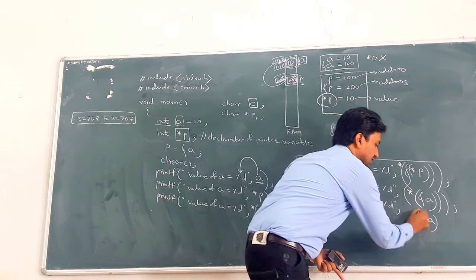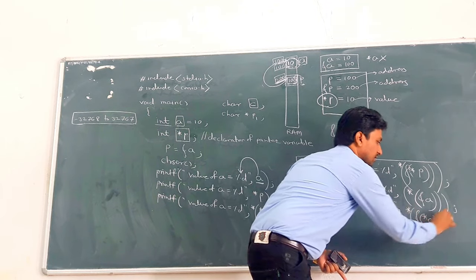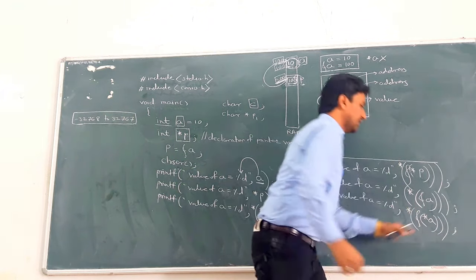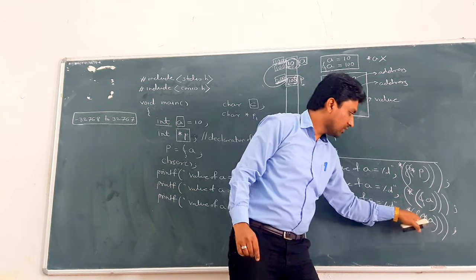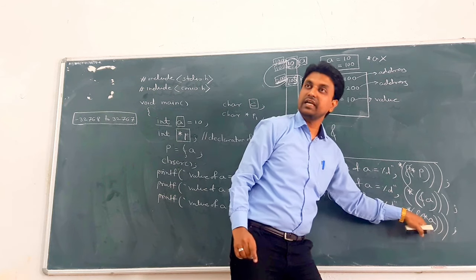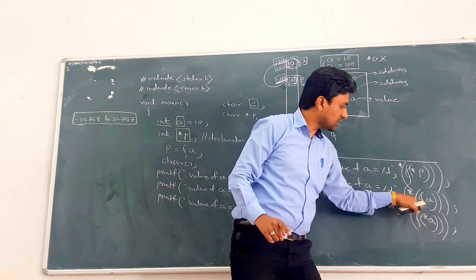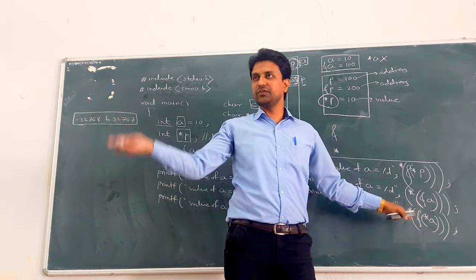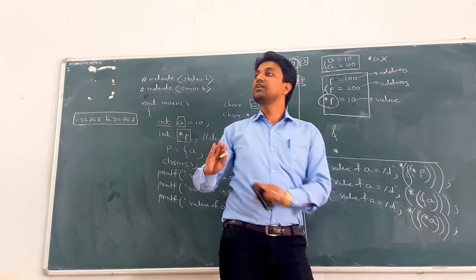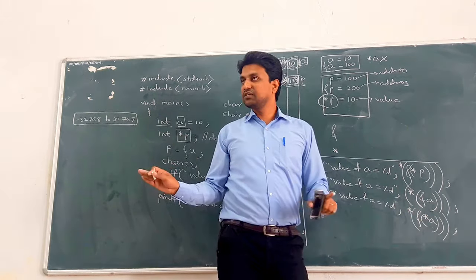Clear? If you write like this, it gives you an error. We cannot access the value of a using this. That means you cannot use pointer a, but you can use the address of a. Address of a is meaningful, but pointer a is meaningless. So it gives you a wrong answer, or some compilers give you syntactical errors. Clear? So this is invalid.